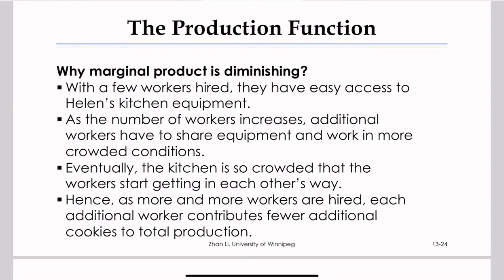This basically means as you increase the number of workers, in the end, the kitchen will become very, very crowded. So workers will actually start getting in each other's way, and this obviously will reduce their productivity. So as you add one additional worker, the additional output from that worker will actually decrease.